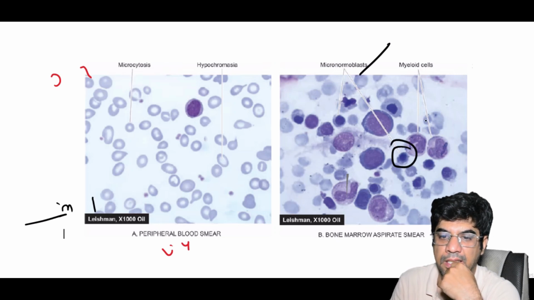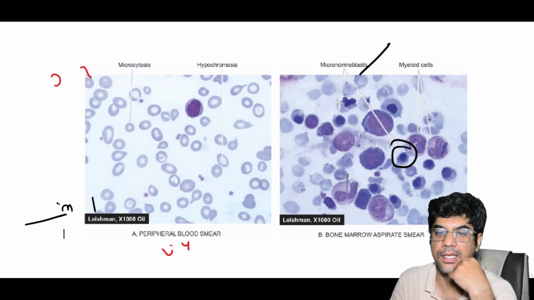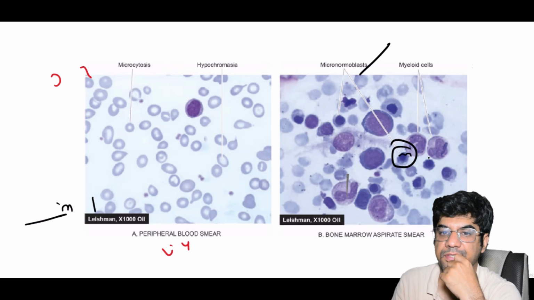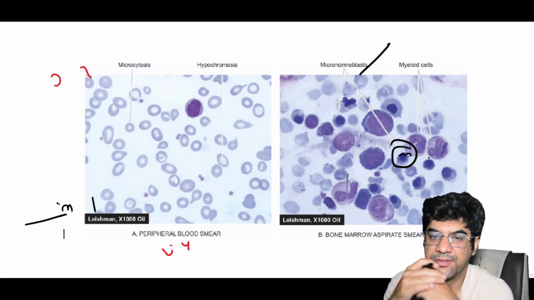These have a thin rim of cytoplasm around the cell and they have ragged irregular borders. Other cells, myeloid, lymphoid, megakaryocytes, they are normal. If you do iron staining with the Prussian blue on bone marrow aspirate smear, they show deficient reticuloendothelial cell stores.